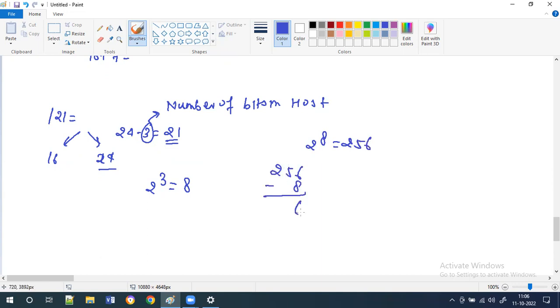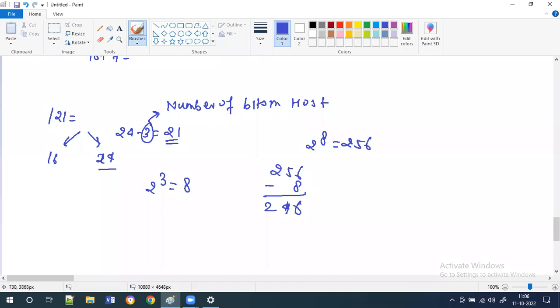How much would it come? It's wrong. This is 8, right? So 248. Correct? And the changes are happening in which octet?